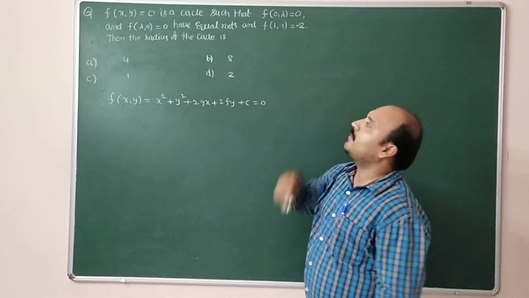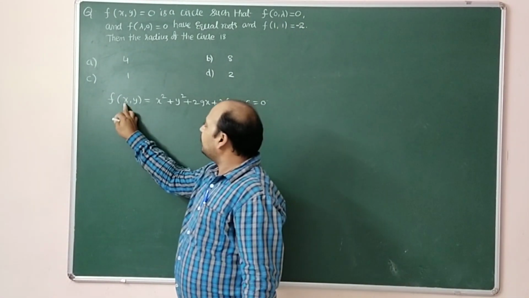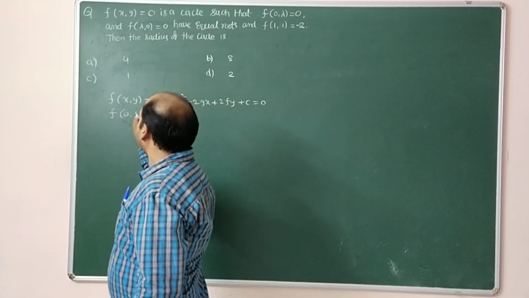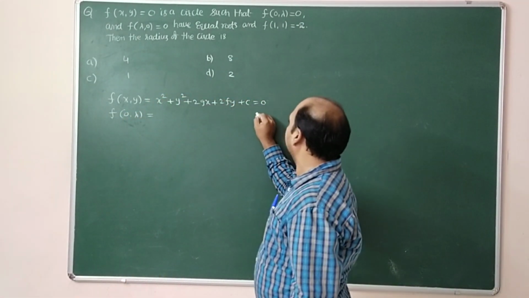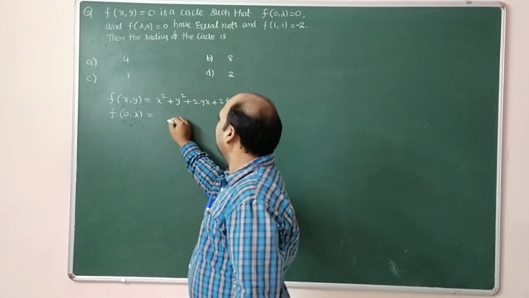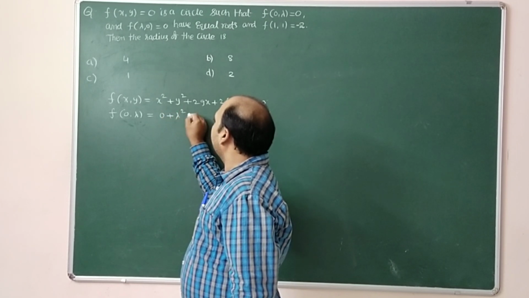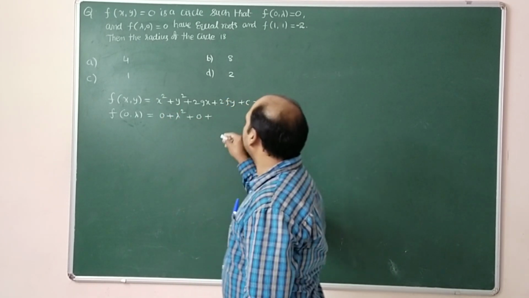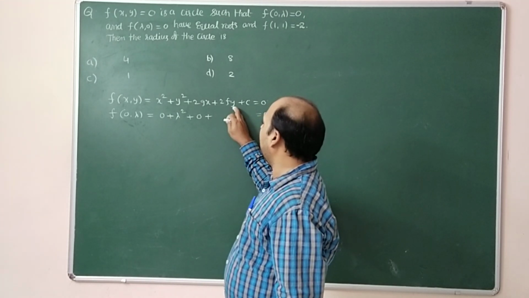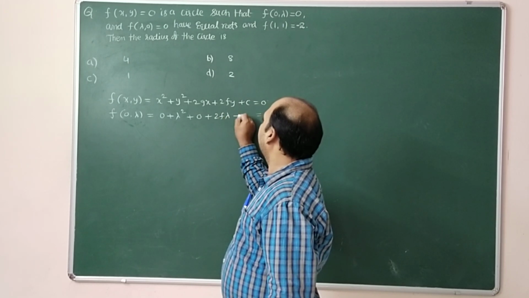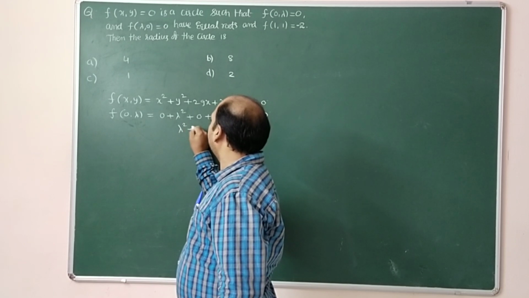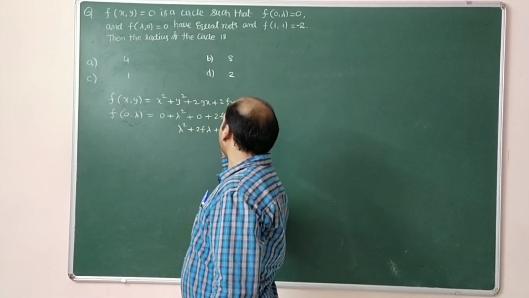f of 0 comma lambda equal to 0. That means in place of x comma y, put 0 comma lambda. So in place of x square and y square, 0 and lambda: 0 plus lambda square plus 0 plus 2 into lambda, 2f lambda plus c equal to 0. So here we are getting lambda square plus 2f lambda plus c equal to 0.